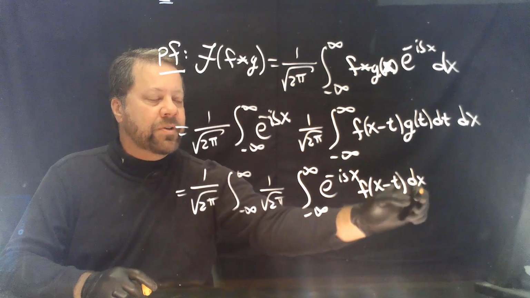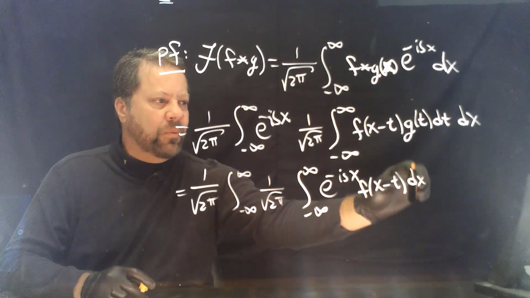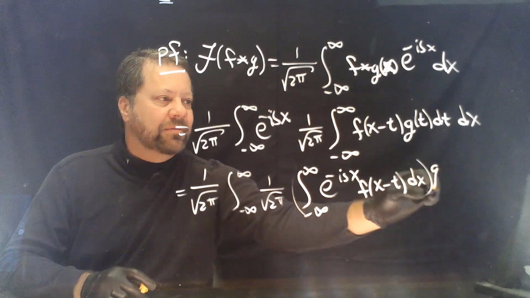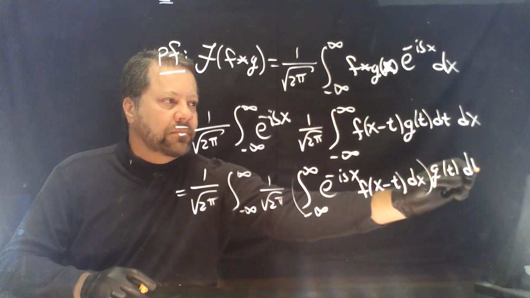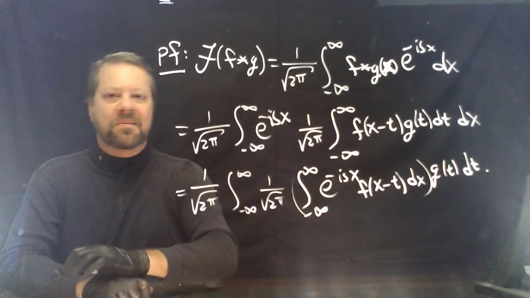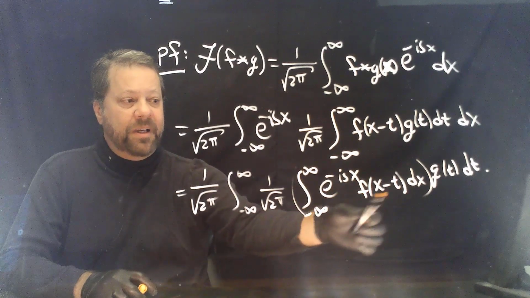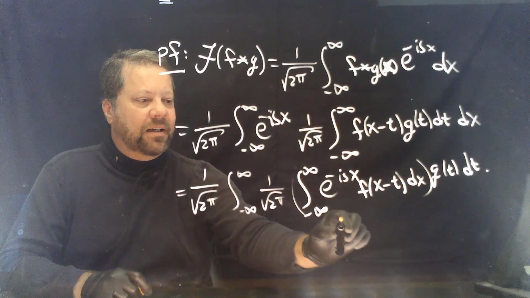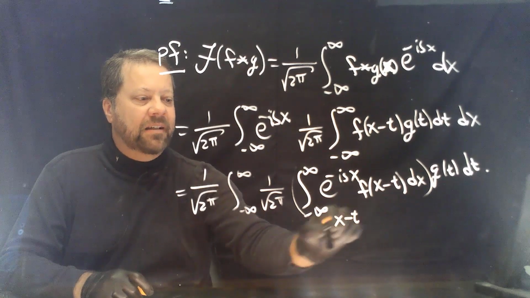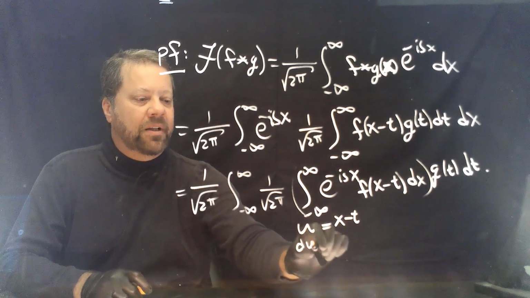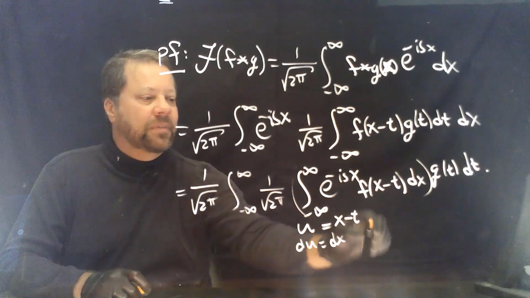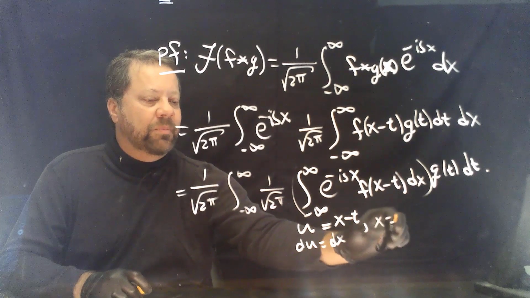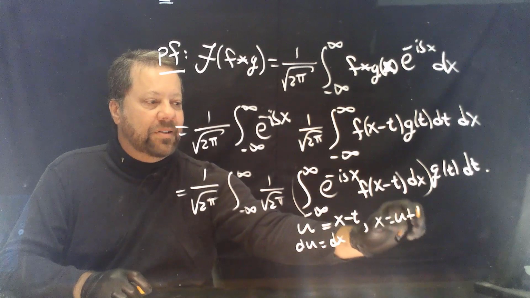When we reverse the order of integration, we can bring the function g out, like this. This ends up just being a translated version because we can set x minus t equal to u. du will be dx, and so x will be u plus t.